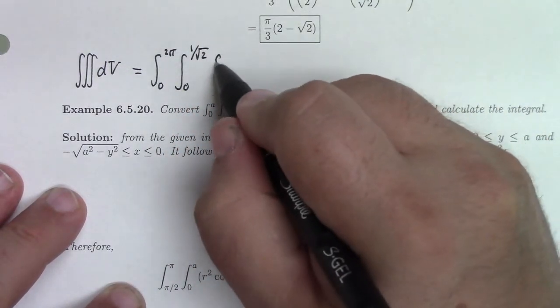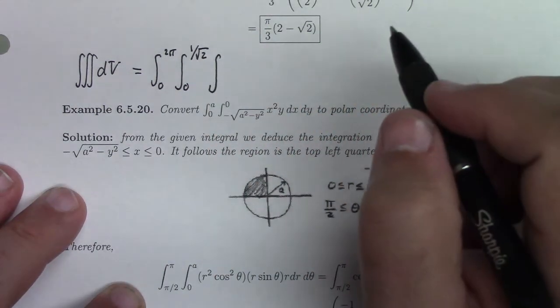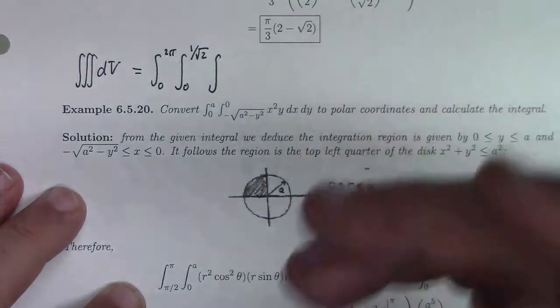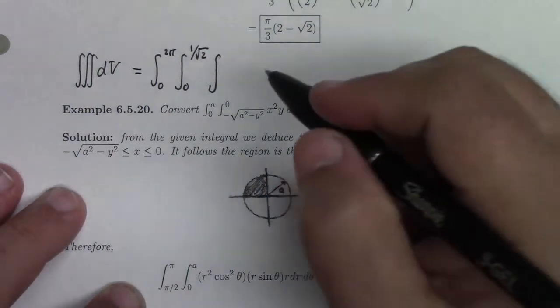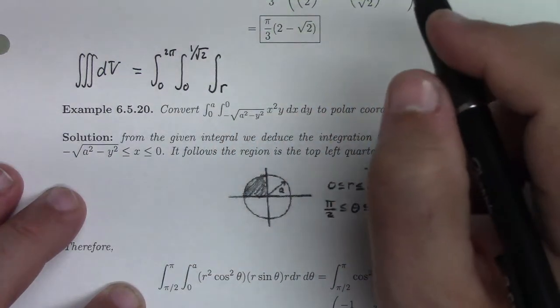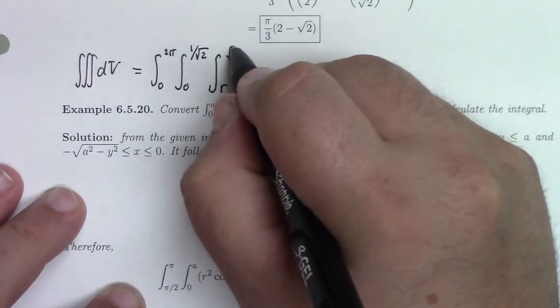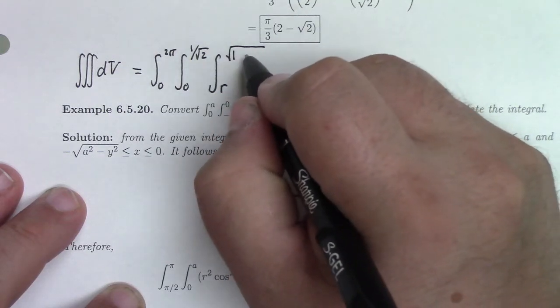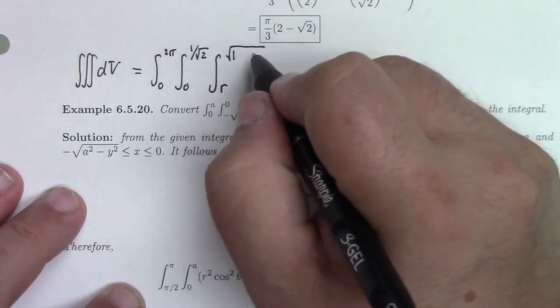And then the z is interesting. The z bound is variable. Z goes from the cone, which has z equals to r, up to the sphere, which has z equals to the square root of 1 minus r squared. And I can choose the plus because we're in the upper half of the sphere in the intersection.